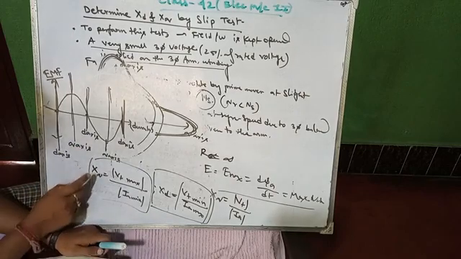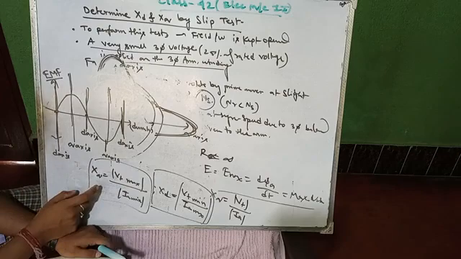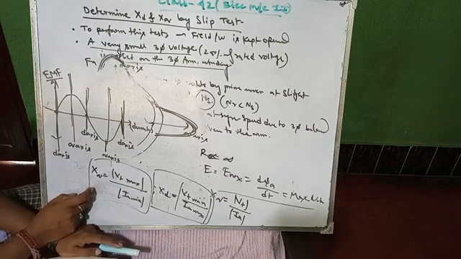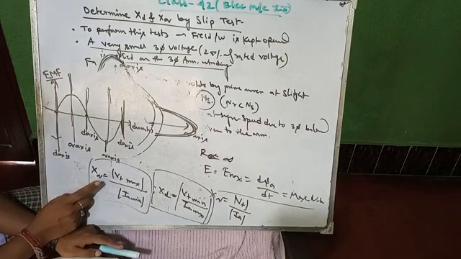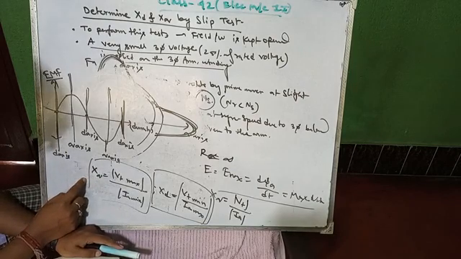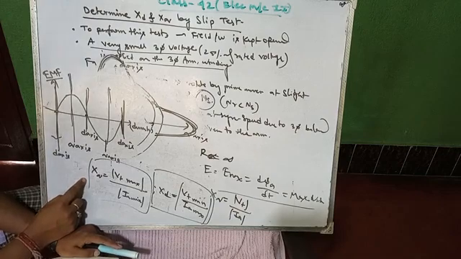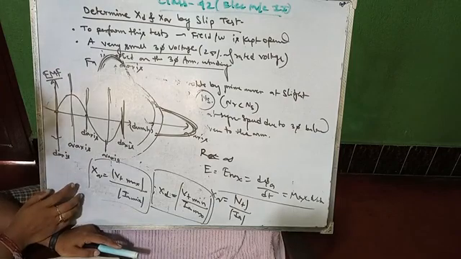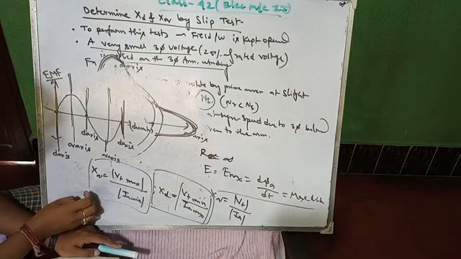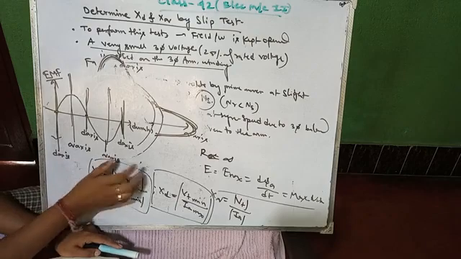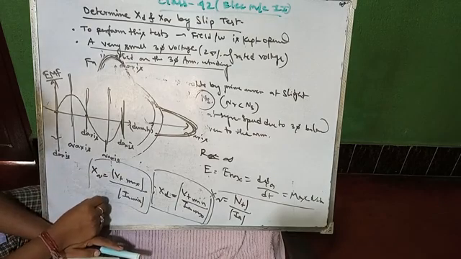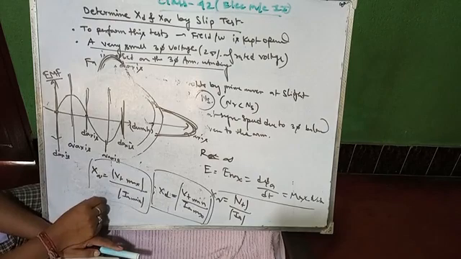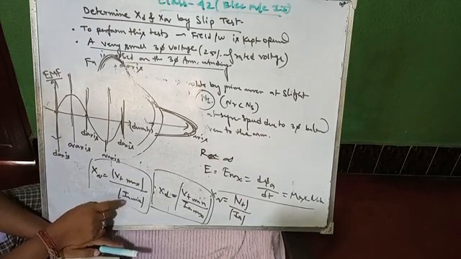In the first case, when Fa is aligned to the D axis, the reluctance of the air gap is minimum. So the minimum magnetizing current will be required, and this magnetizing current is IA min.